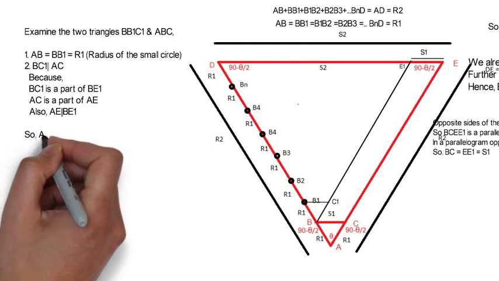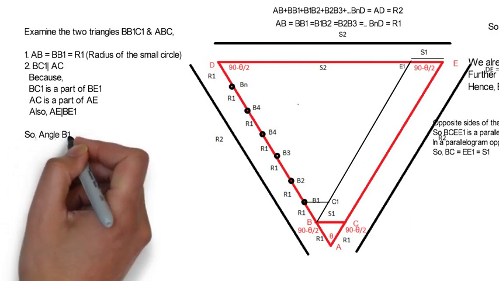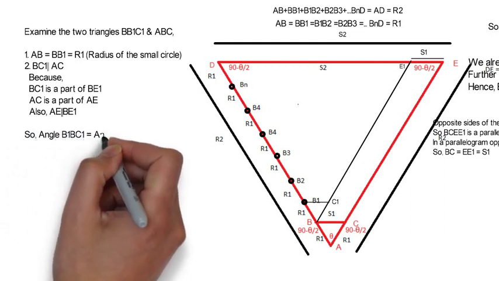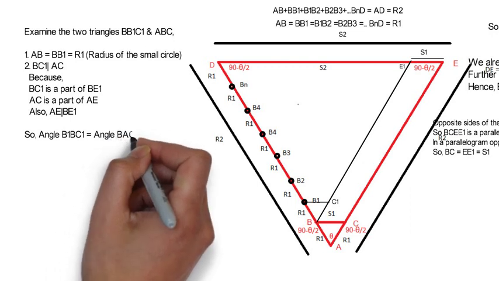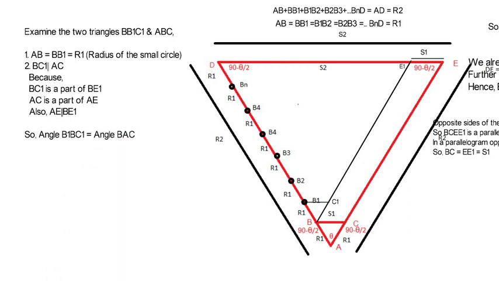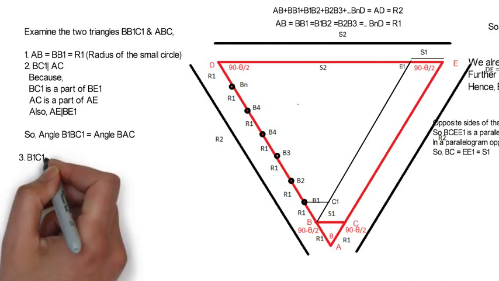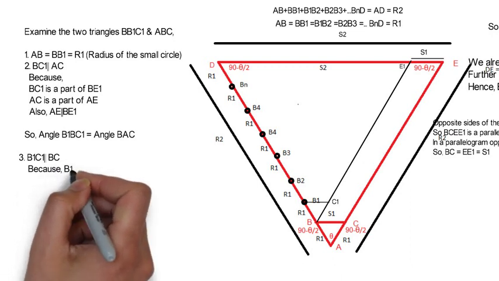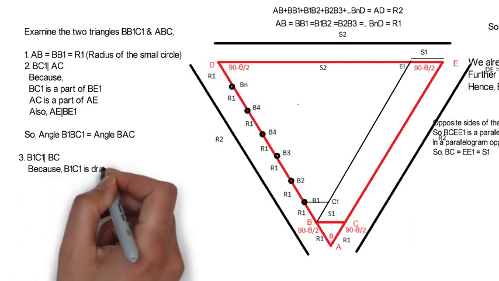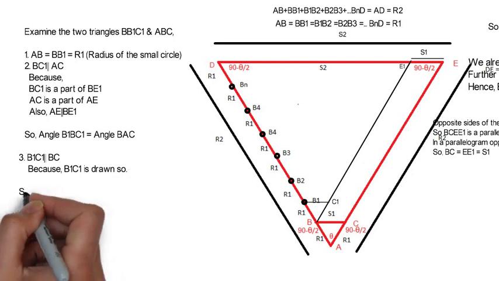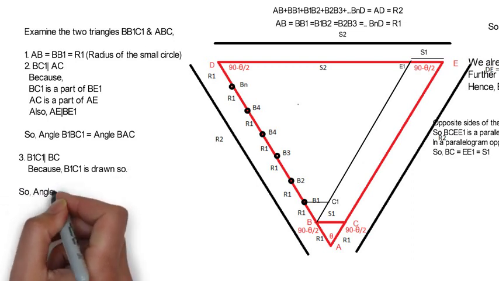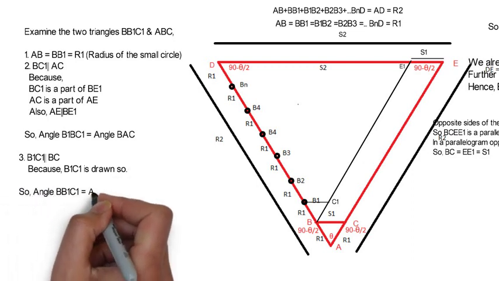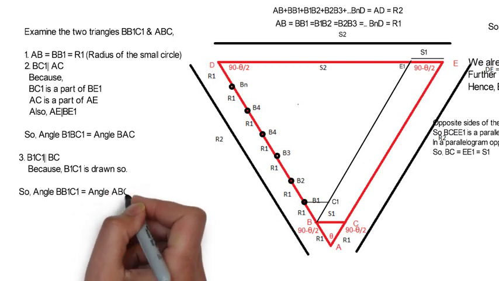This means angle B1BC1 is equal to angle BAC. Third, B1C1 is parallel to BC because we have drawn B1C1 as parallel to BC. This means angle B1C1B is equal to angle ABC.